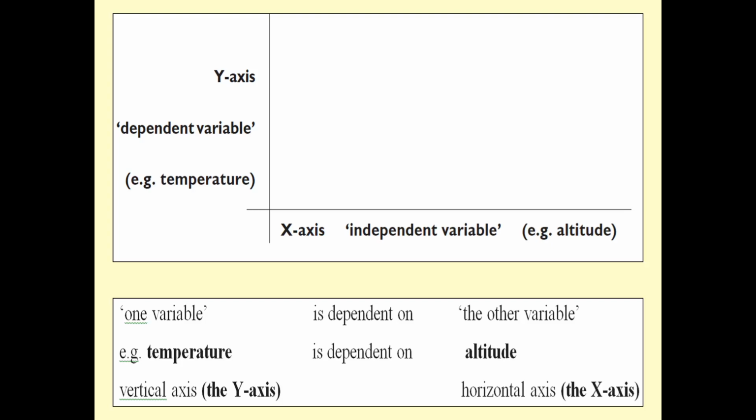The variable on the left of the statement always goes on the vertical axis, that is the y-axis of the graph. The variable on the right always goes on the horizontal axis, that is the x-axis of the graph. Therefore, the axes of the scatter graph will look like this.